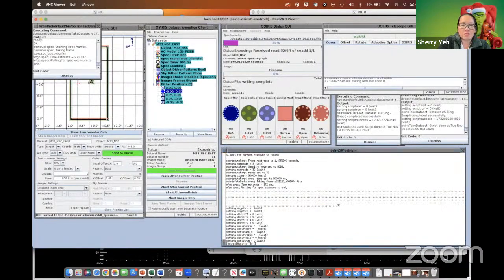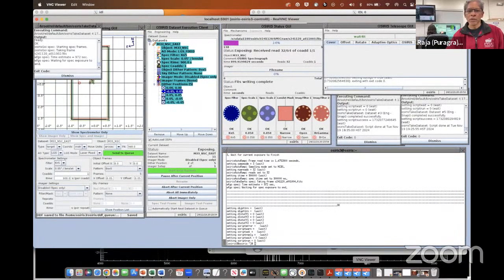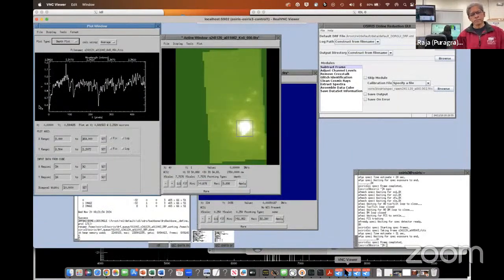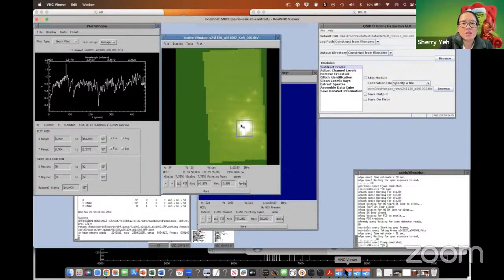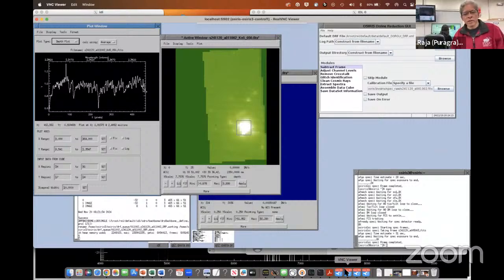Where is north and east? It's a good question. Is there a compass? I'm drawing a box around this star cluster, and this is its raw spectrum. Is that titanium oxide we're seeing?